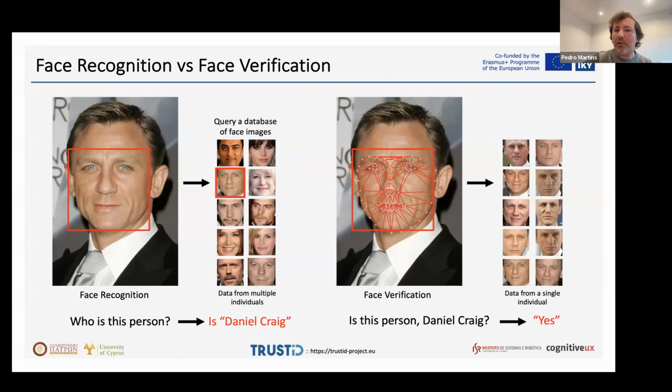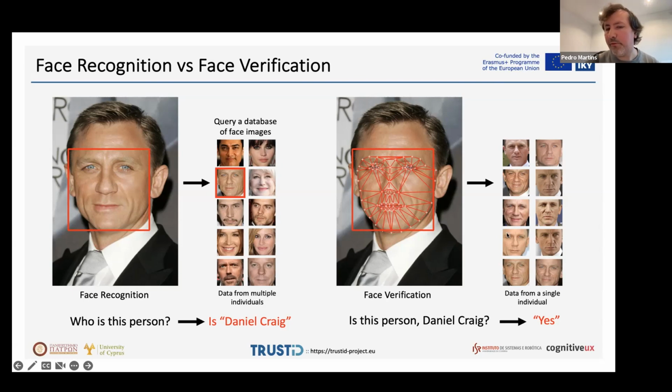With this in mind, we actually moved to a different approach. Instead of using a multi-class approach, we use a system that tries to decide if the person that is being seen belongs or not to just a single model of information.